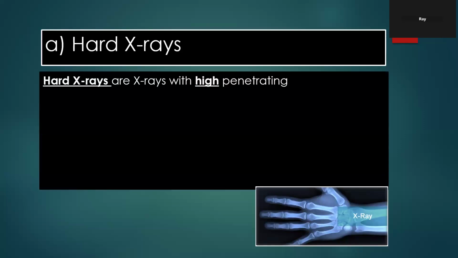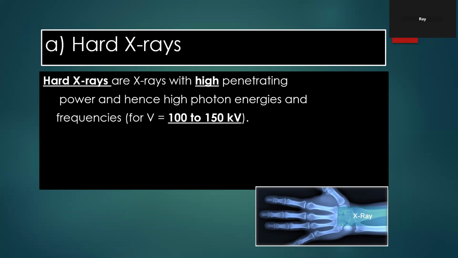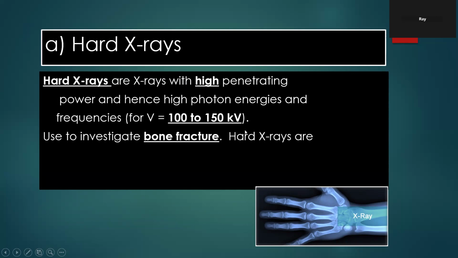Hard X-rays are X-rays with high penetrating power and hence high photon energy and frequency. Right? So usually the accelerating potential is between 100 to 150 kilovolts. Used to investigate bone structure, like in this case.